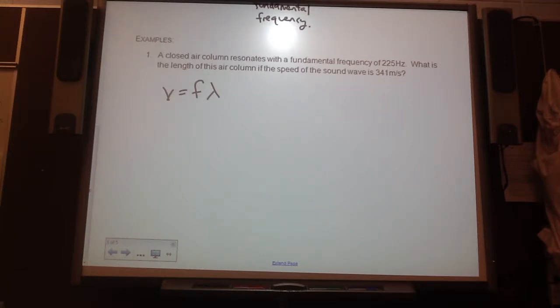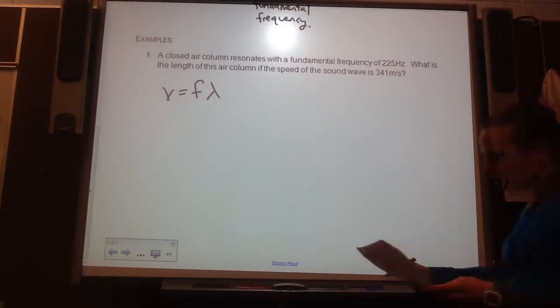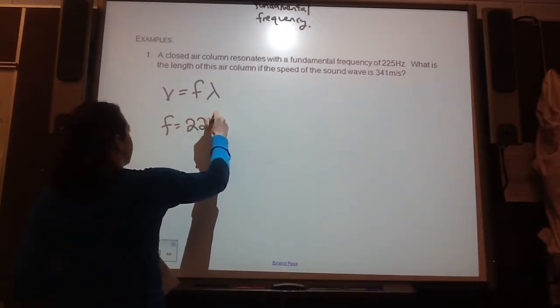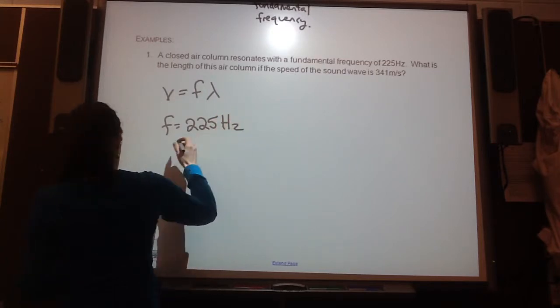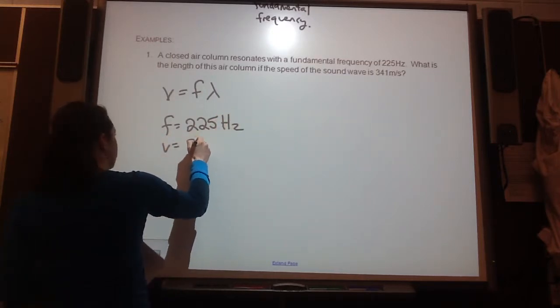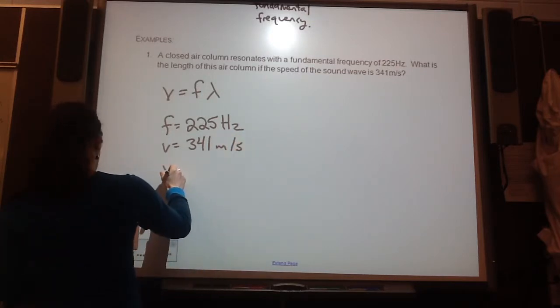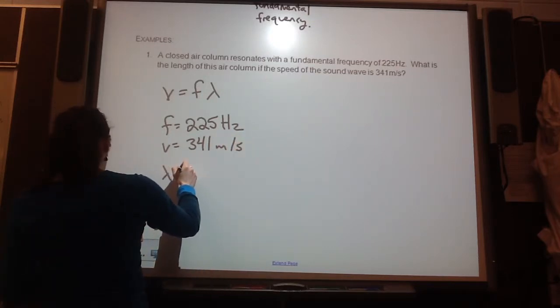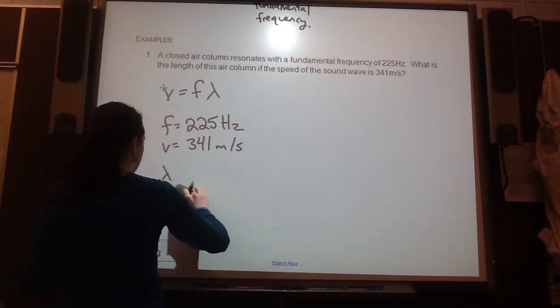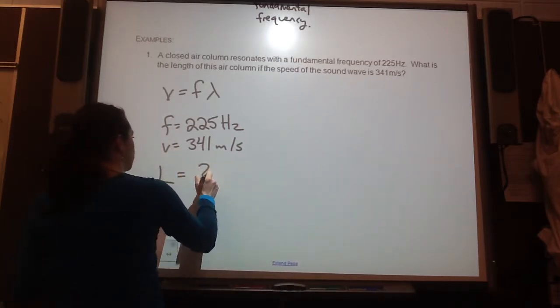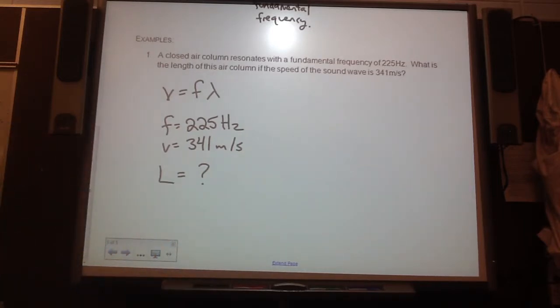Okay, so let's write down what we know. Our f is equal to 225 hertz. v is equal to 341 meters per second. And our lambda, well, we're looking actually for length, not for lambda. So we'll set that to big L is equal to question mark.